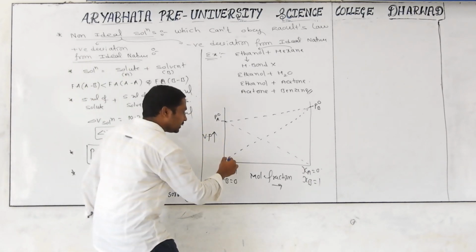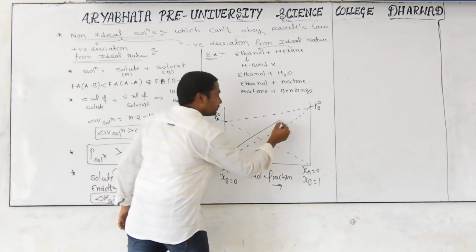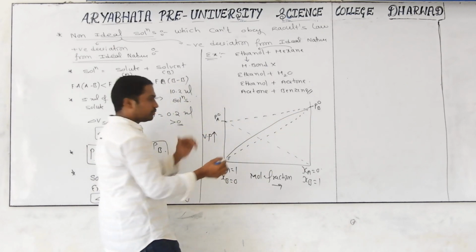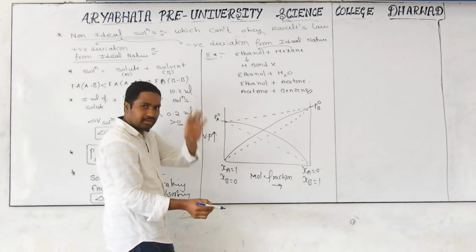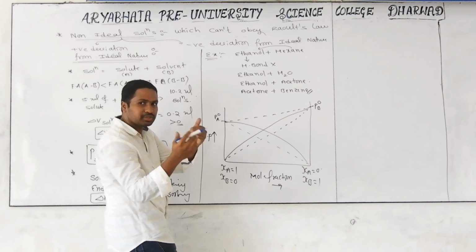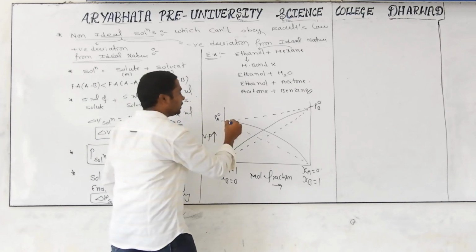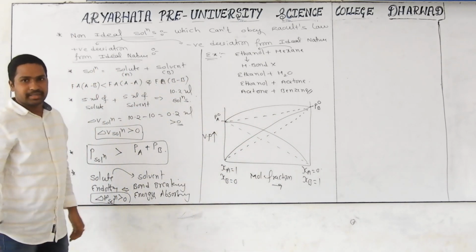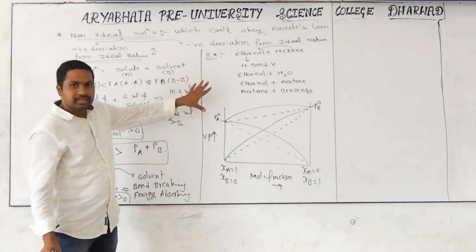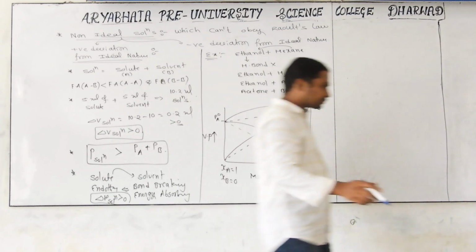That's why we denote it by the upper line, which indicates positive deviation. The dotted line is the ideal nature. It's not ideal, it is a positive deviation. Did you understand all of these things? Yes.